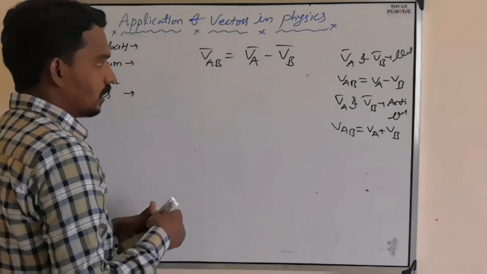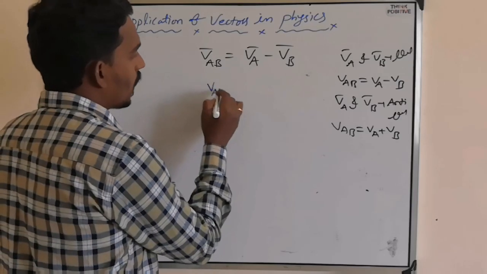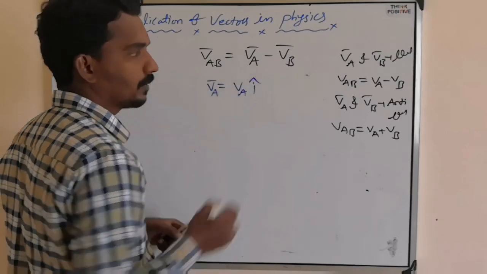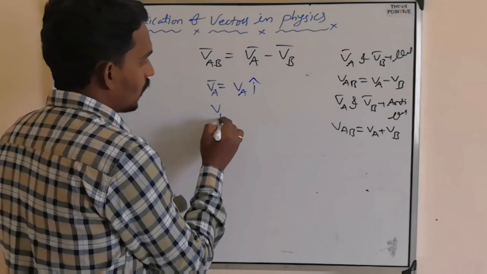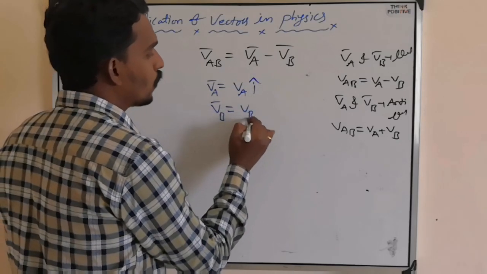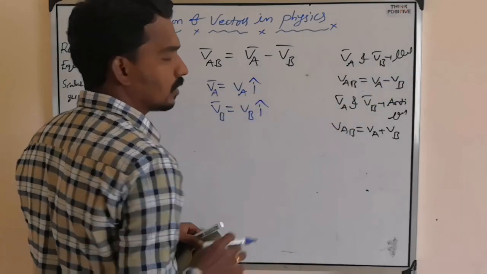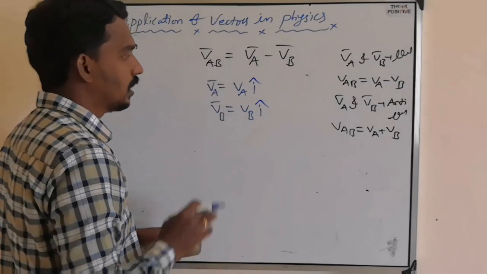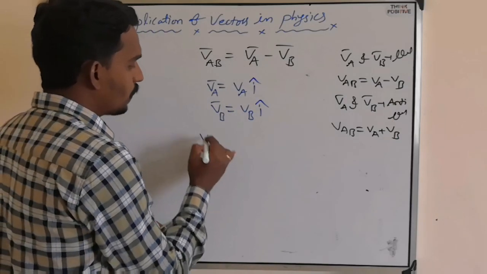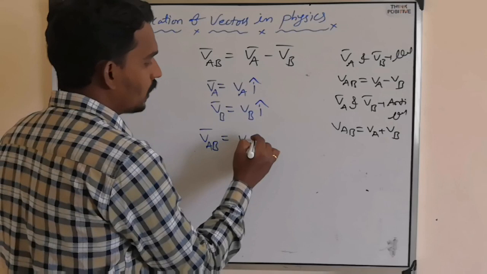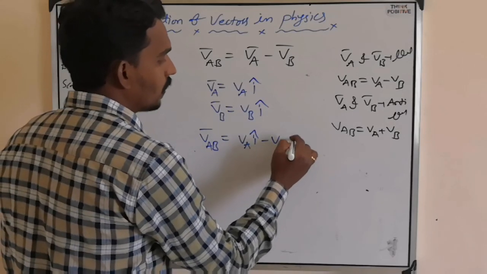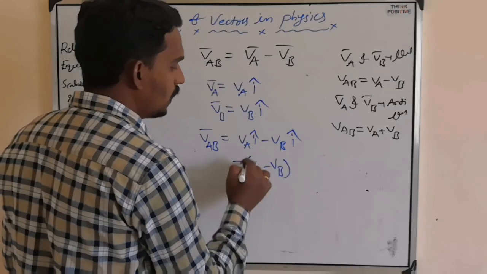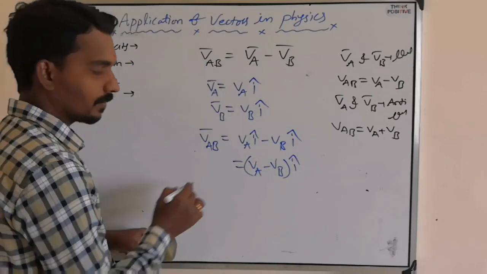Why? Because see, suppose VA bar is VA I cap and VB bar is also VB I cap. First case, both are I cap, meaning both are parallel, same direction. Then VAB bar equals VA I cap minus VB I cap, so equal to (VA minus VB) I cap.